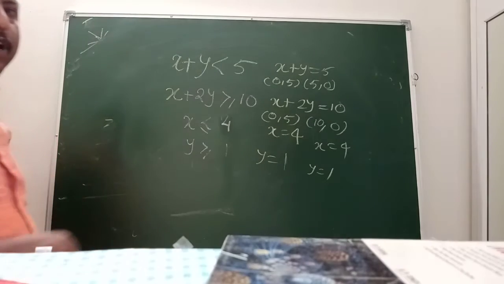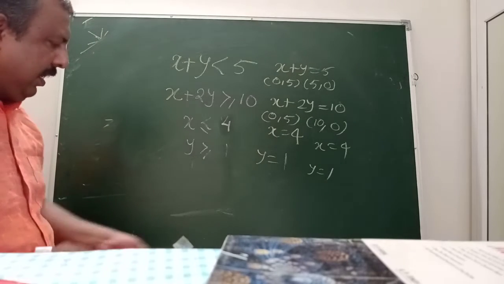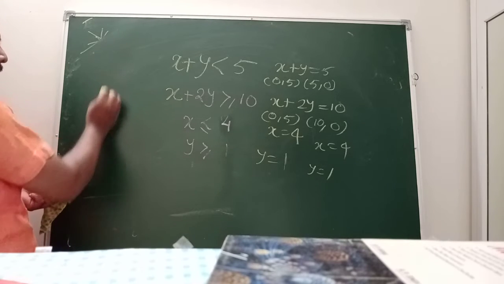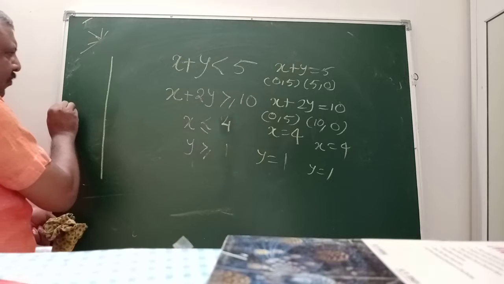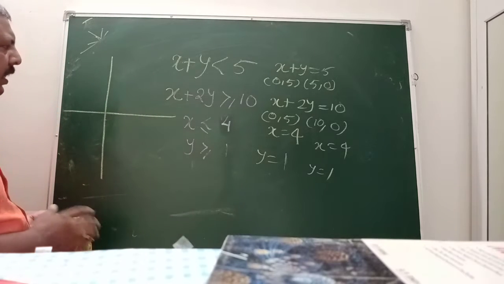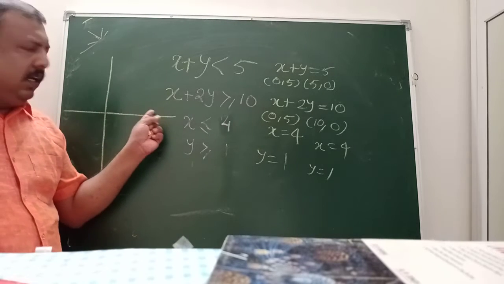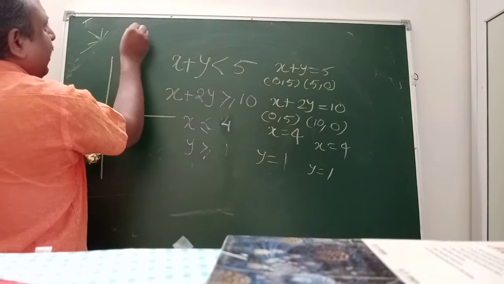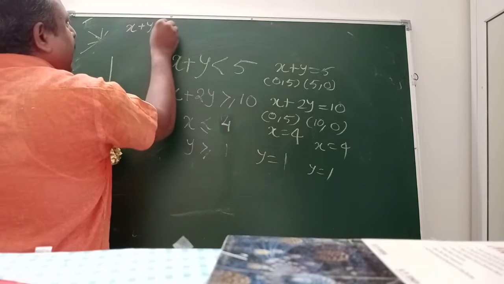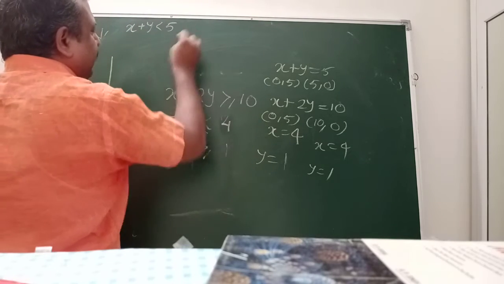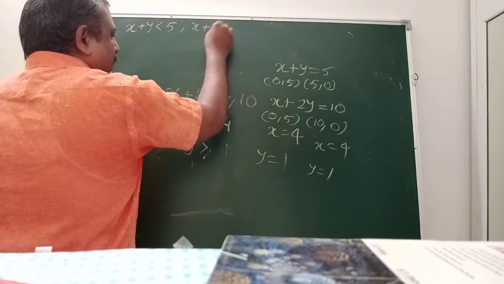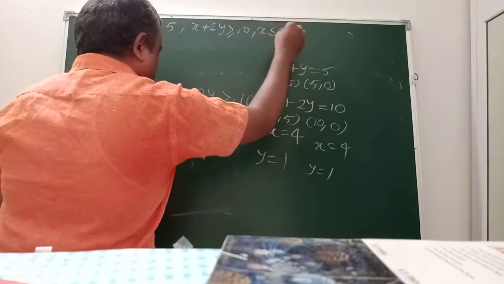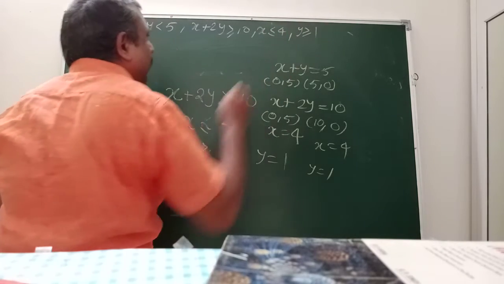Okay, so first plot on the graph paper. You have to plot it, so I'm taking the graph paper. In the graph paper I am writing these inequalities: x plus y less than or equal to 5, x plus 2y greater than or equal to 10, x less than or equal to 4 and y greater than or equal to 1.